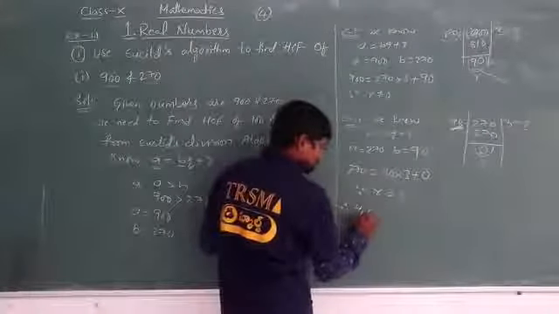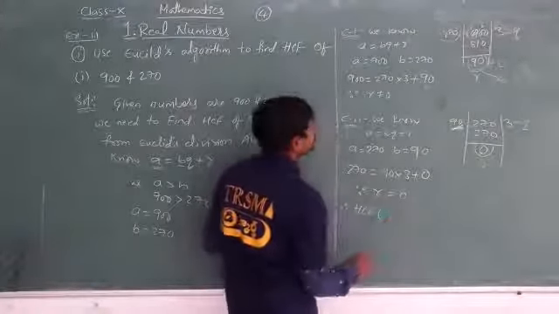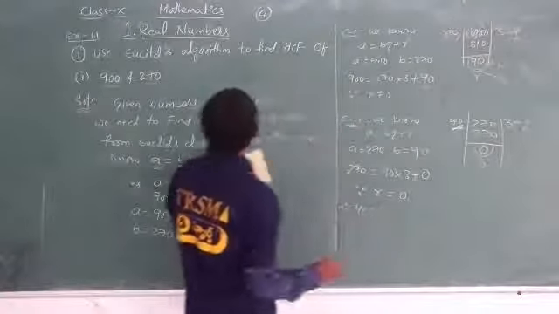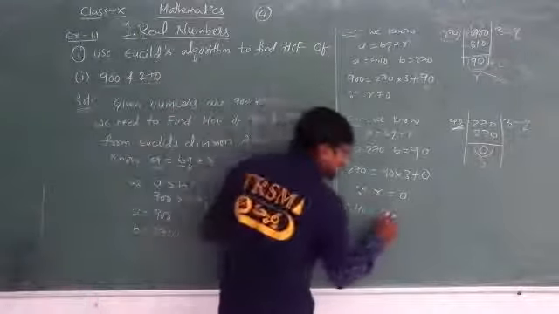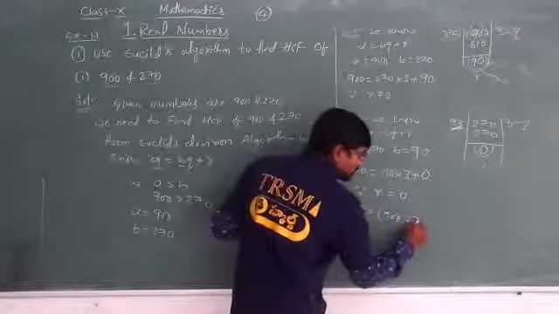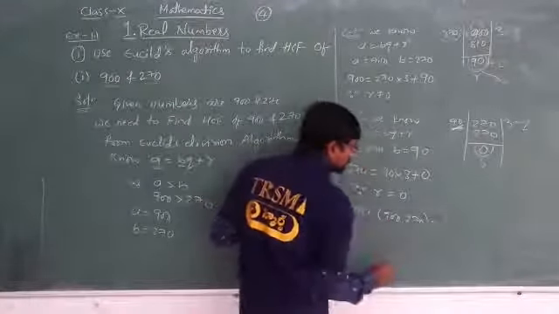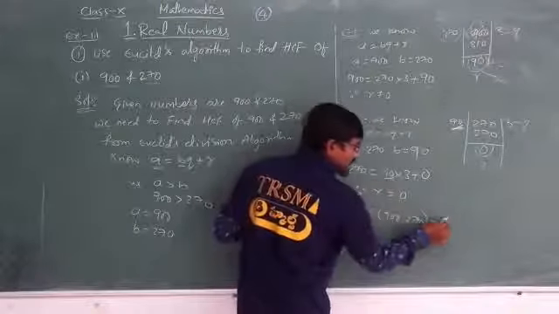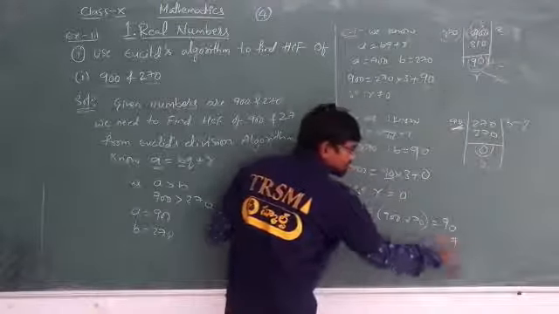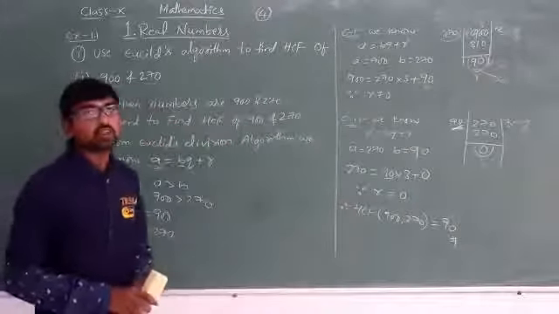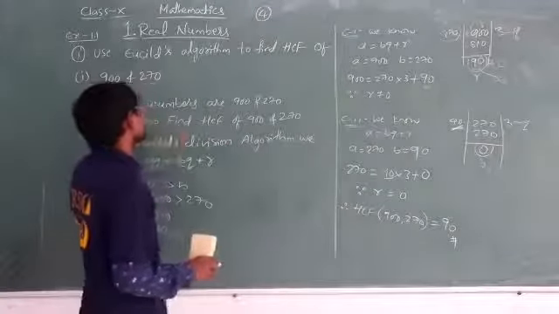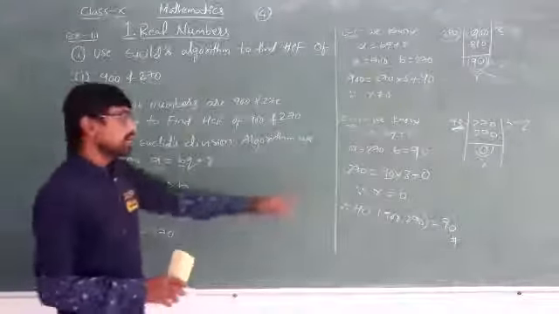Therefore the HCF of 900 and 270 is 90. It means that the highest common factor of both 900 and 270 is 90.